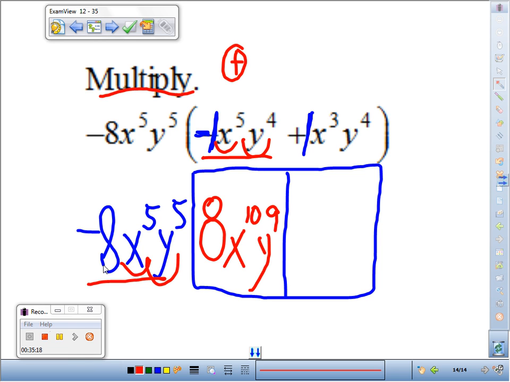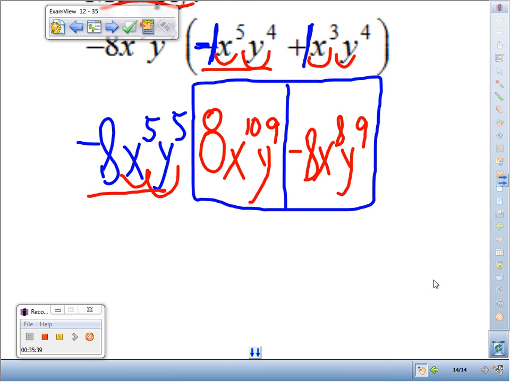Next, negative 8 times positive 1, that's negative 8. x to the 5th and x to the 3rd, that's x to the 8th. y to the 5th and y to the 4th becomes y to the 9th. And we're done. We don't do anything else with that.